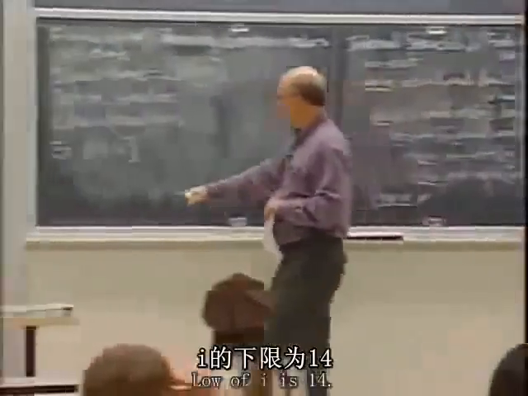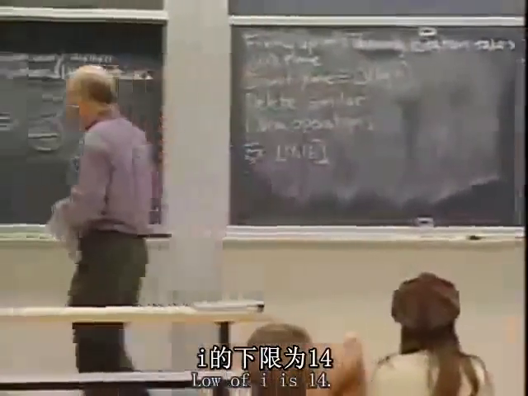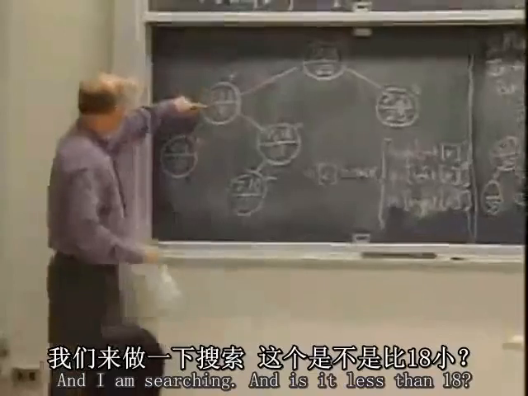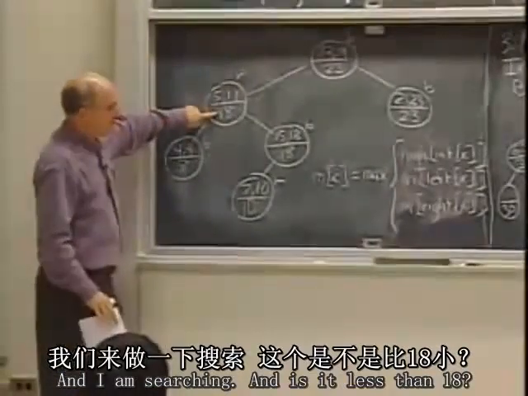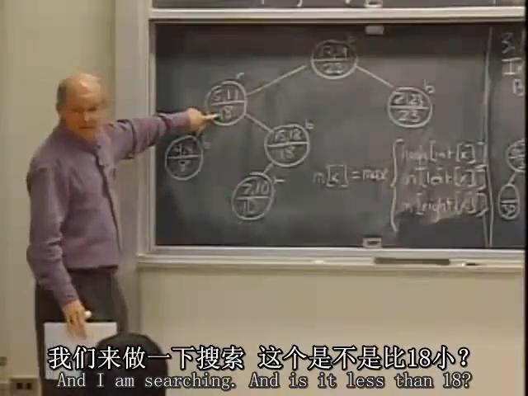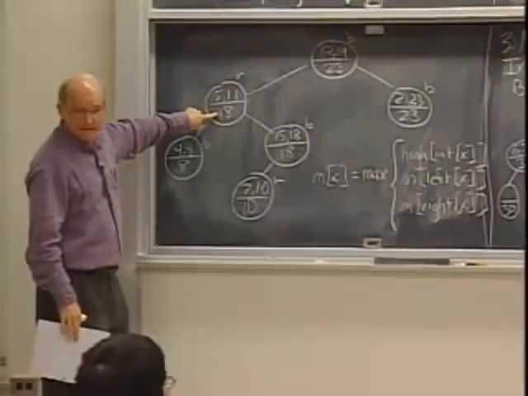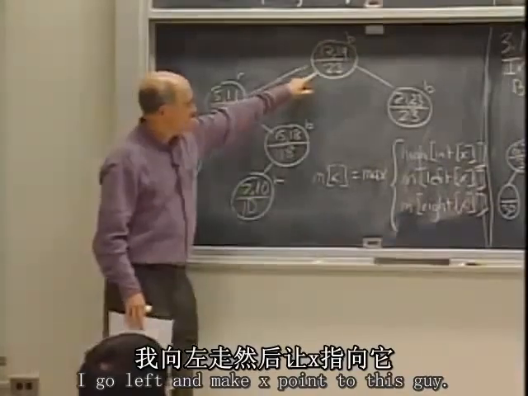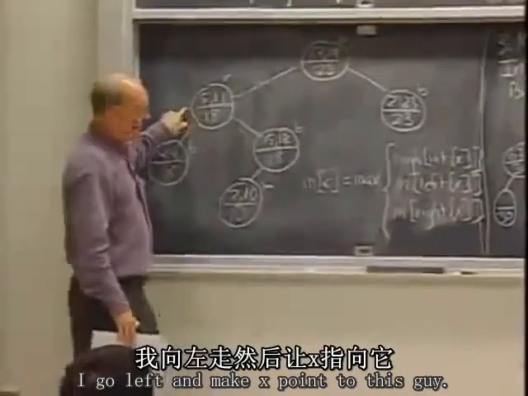Low of I is 14, and is it less than 18? Yes. So I go left. I make x point to this node.